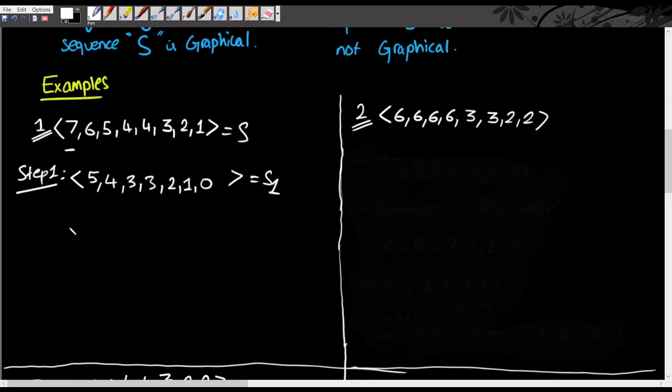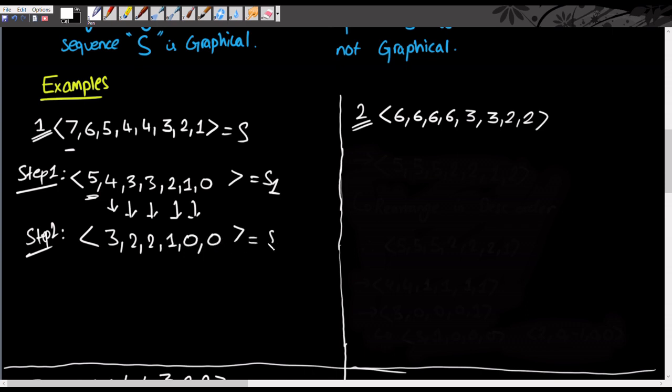Now for S2, your step 2, you reduce the degree by 1 for the next 5 vertices. So you take away 1 from all these. You leave this as it is because it's the 6th degree. So you remove 5 first of all and take away 1. So you're left with 3, 2, 2, 1, 0 and 0 to get S2.